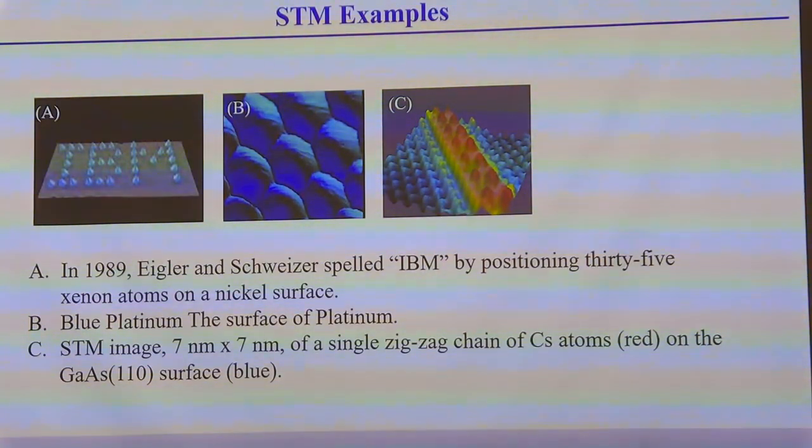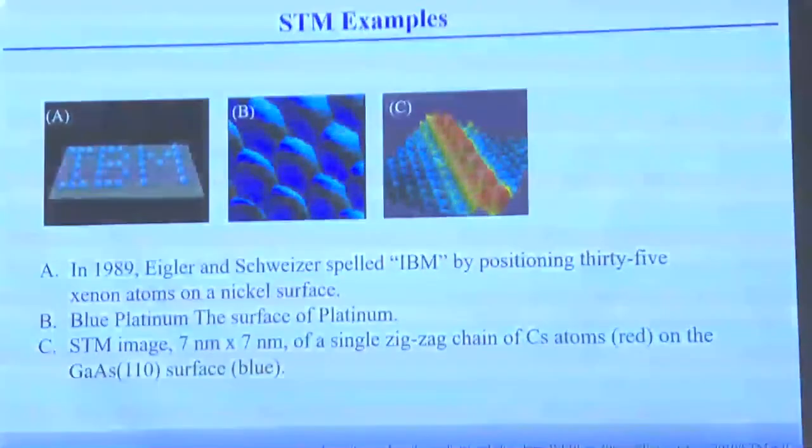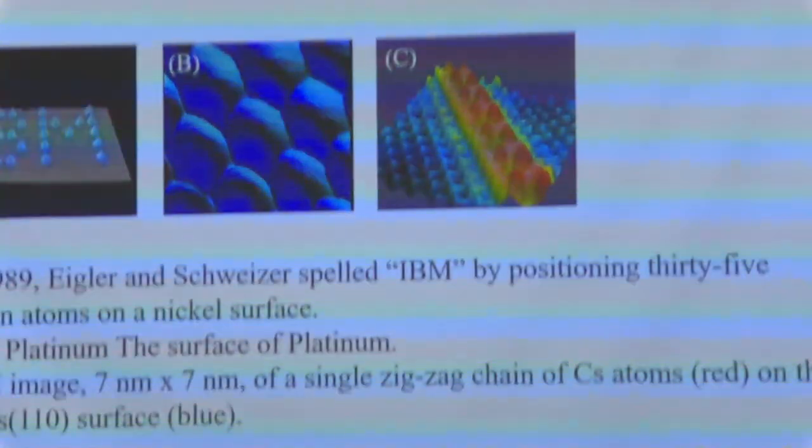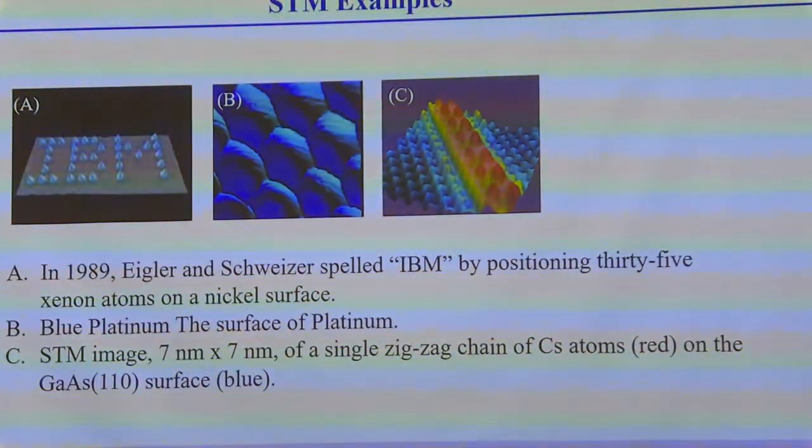The second shows a platinum tip surface, and the third is a 7 nanometer by 7 nanometer single zigzag chain of carbon atoms on a GaAs surface. Here you can see these carbon atoms on GaAs. That's the capability of scanning tunneling microscopy. Any question about scanning tunneling microscopy?